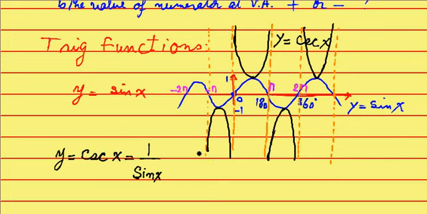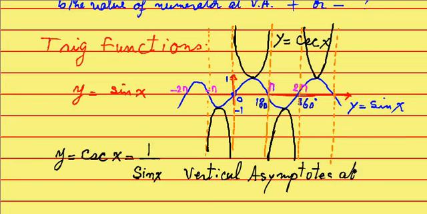So the short story is, vertical asymptotes at, let us write it down. You could say x, 0 itself was a possibility, next possibility 180, next possibility 360, next possibility here is going to be 540, and negative of all of these numbers.